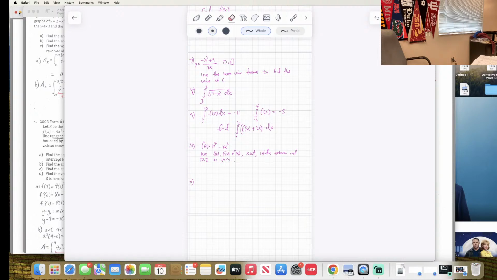That's where the whole square. Negative 1 square. And we want, and then 16 minus 5.